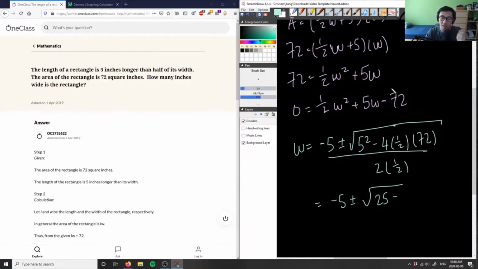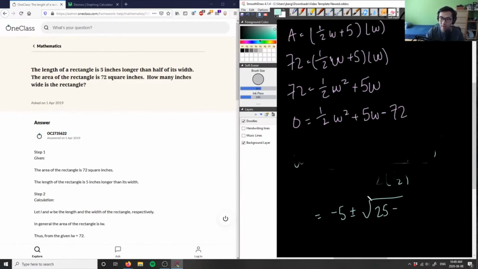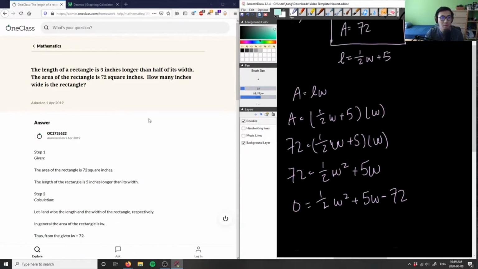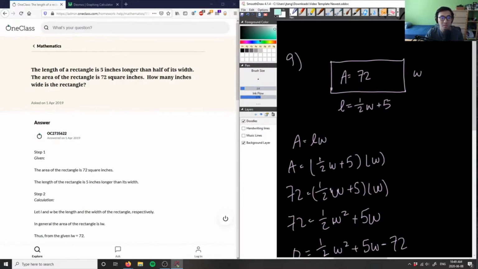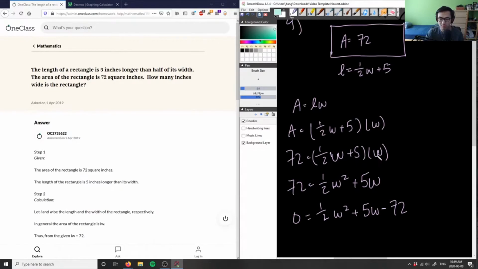And that is going to give me an imaginary number. So actually, I might have done something wrong here because I shouldn't get an imaginary number. Let me erase this real quick and go back and figure out what we did incorrectly. The length of a rectangle is 5 inches longer than half of its width, so half width plus 5. 72 is the area: half W plus 5 times W. Half W times W is half W squared plus 5W.